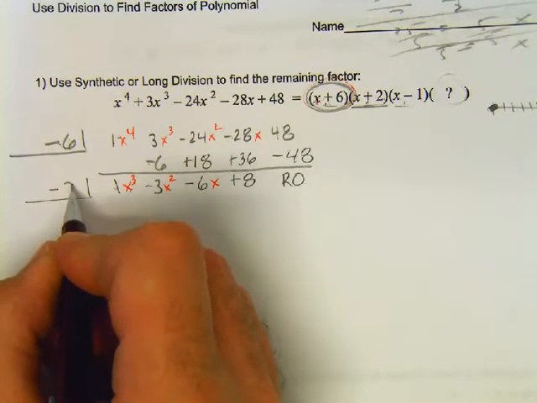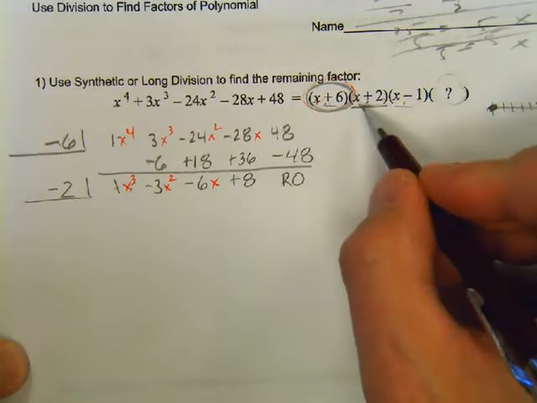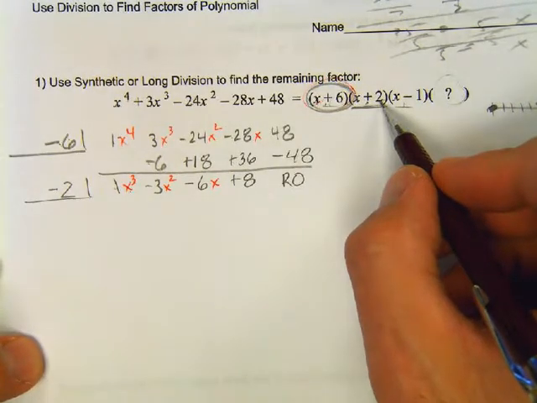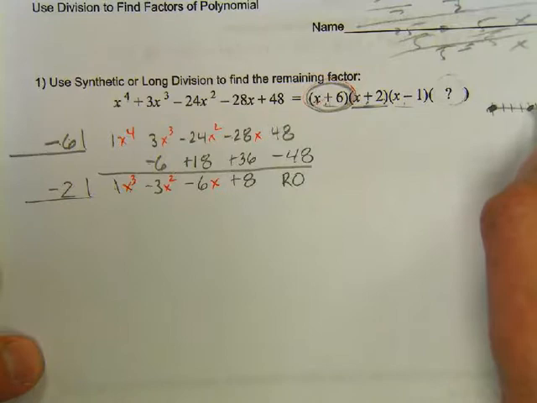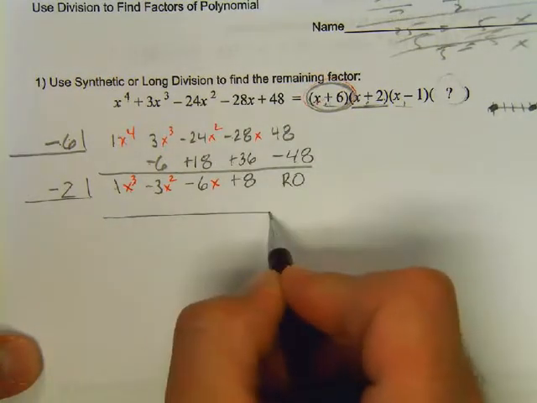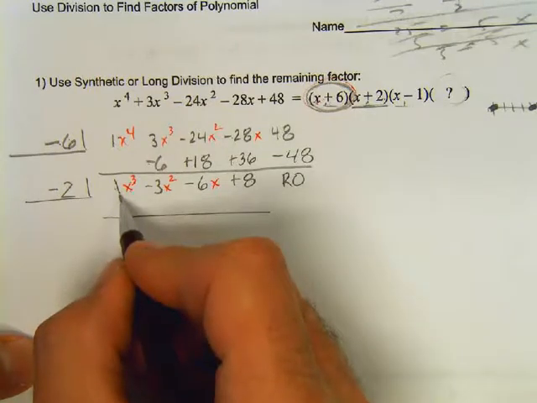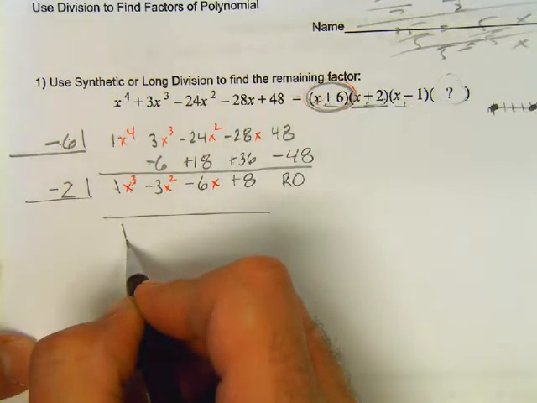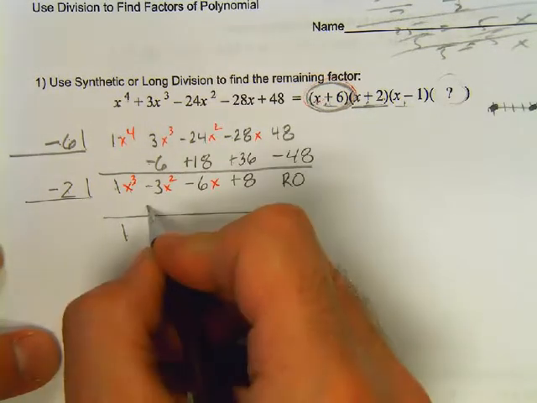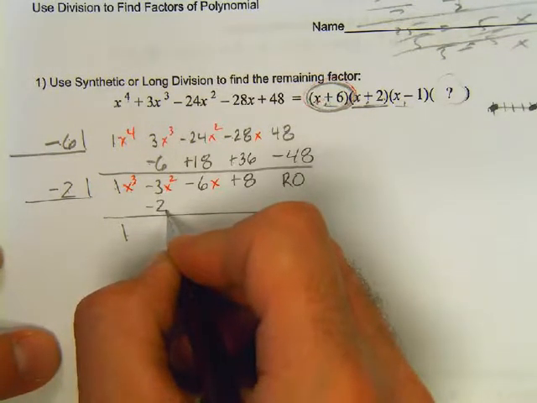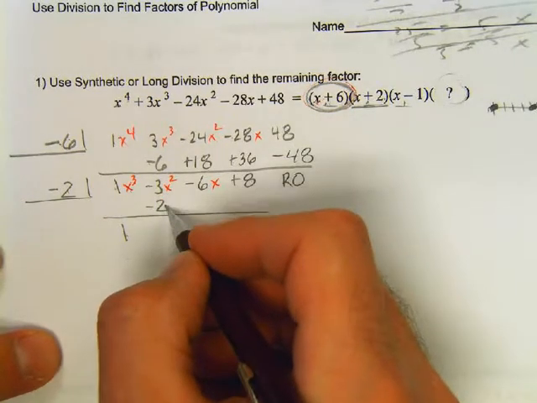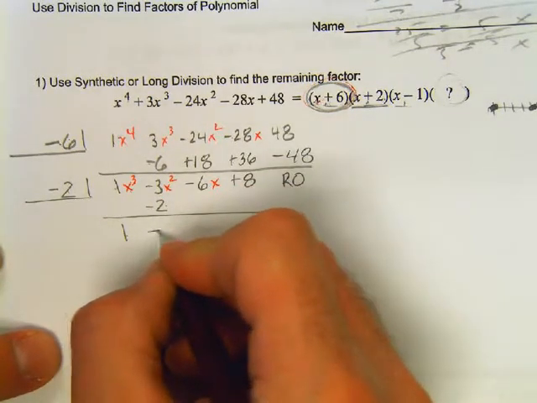Negative 2. And by the way, if our term is x plus 2, where is the x-intercept? Negative 2. So we're dividing by the actual root. Let's do this. Drop the first term. Negative 2 times 1 is negative 2. Negative 3 minus 2, negative 5.